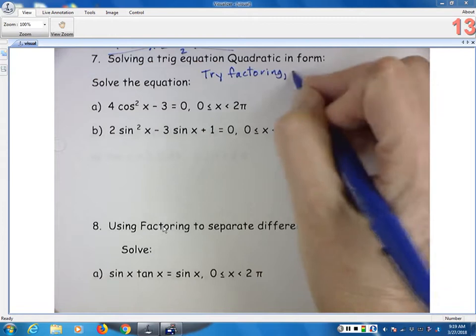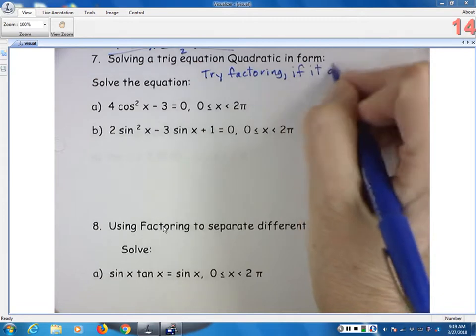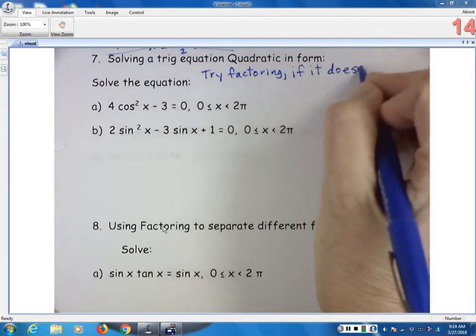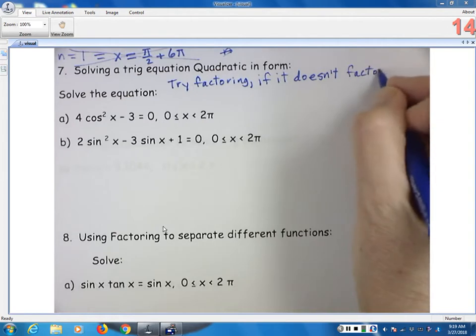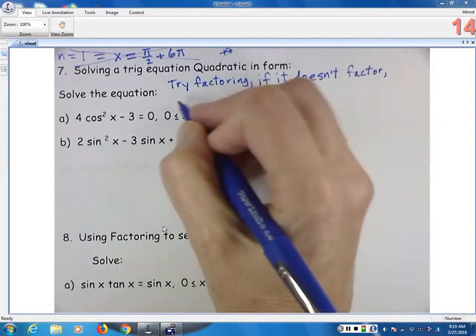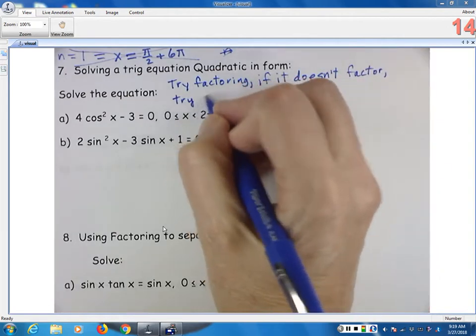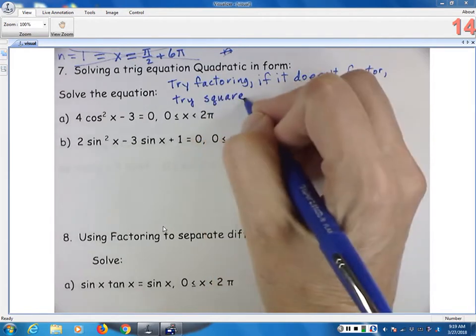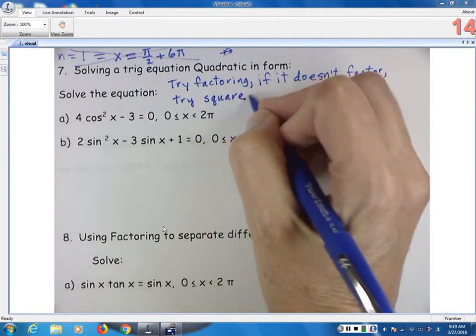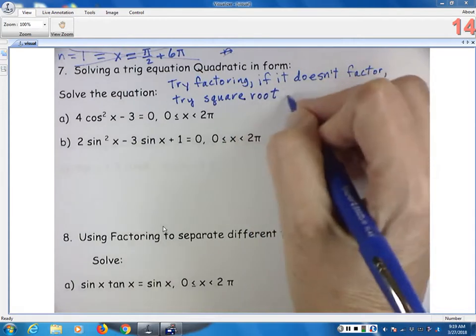And if it doesn't factor, you try the square root property, or the quadratic formula. Usually it's going to factor.